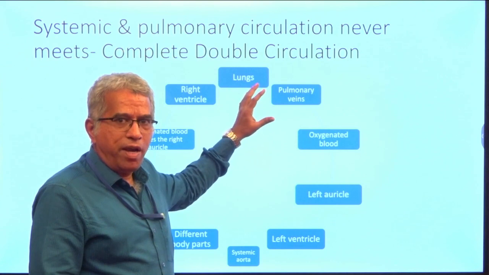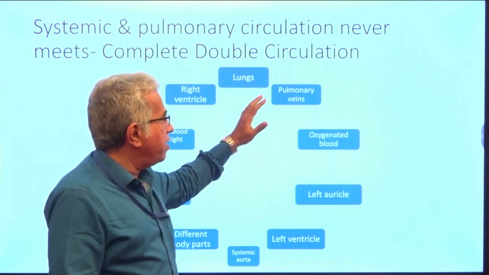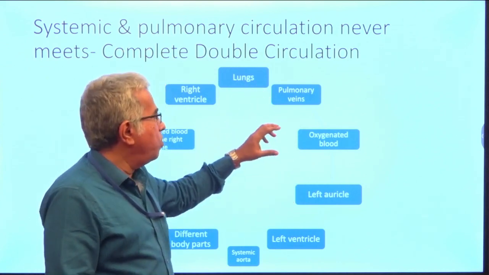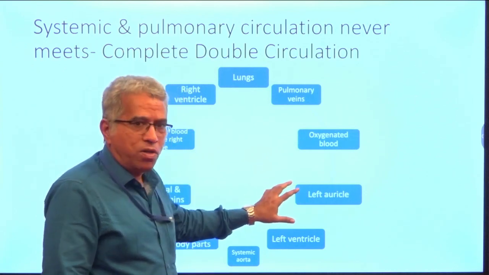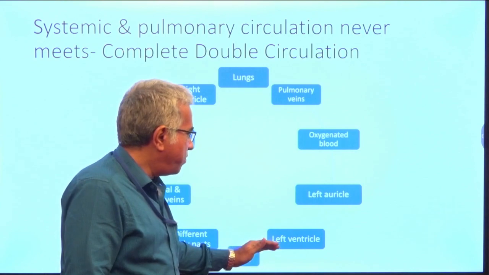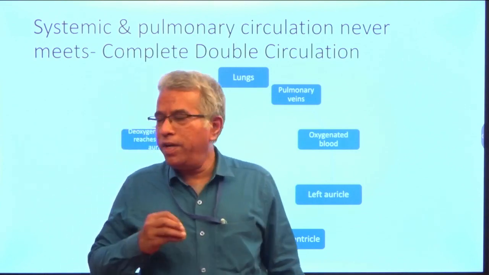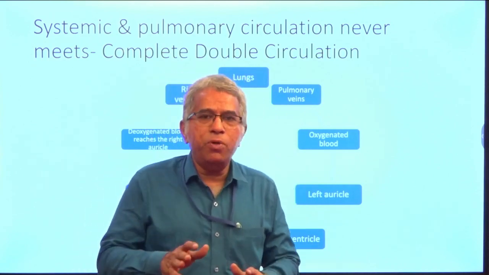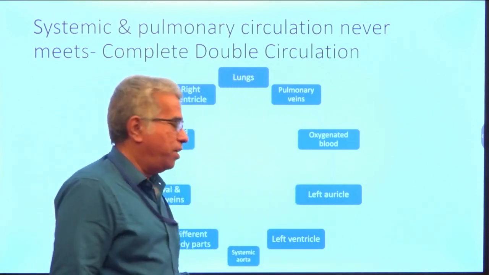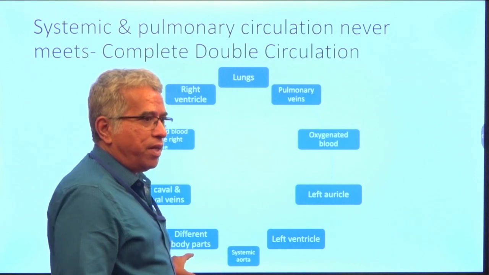So, from lungs, oxygenated blood is dumped into the left auricle through pulmonary veins. Later, this oxygenated blood will reach the left ventricle. From the left ventricle, the oxygenated blood through the systemic aorta will be pumped to different parts of the body. Here you can see it is going to different parts of the body.